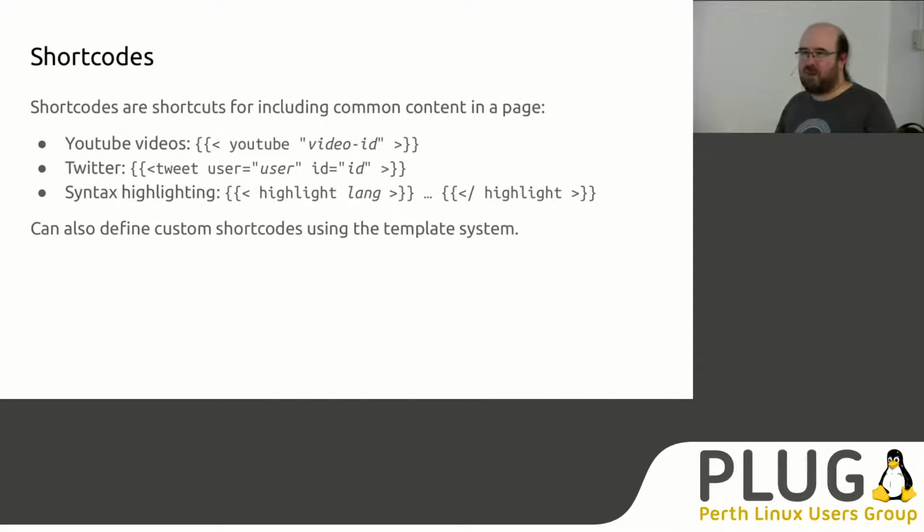There's a non-trivial amount of HTML which you've got to do to do a YouTube embed, and by using the shortcode, it means that if Google changes the way you do YouTube embeds in the future, if Hugo gets updated, then you don't have to go through and update all your pages again.